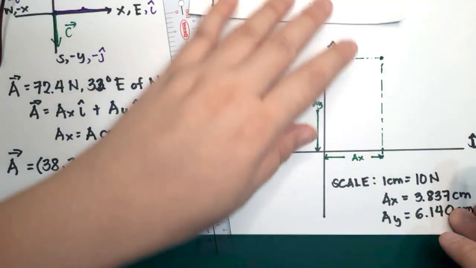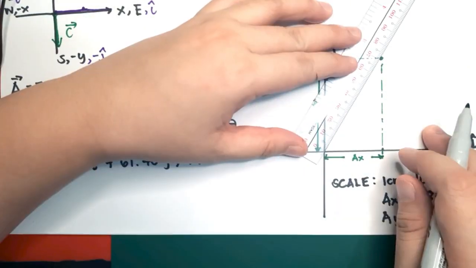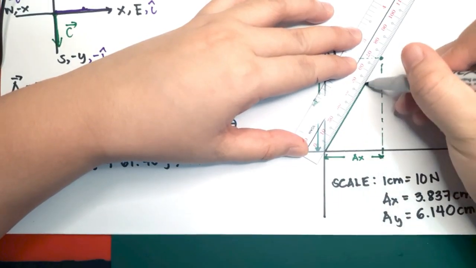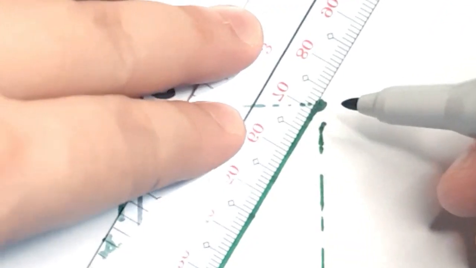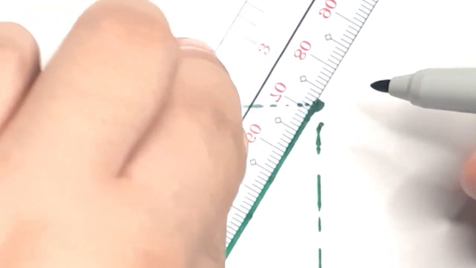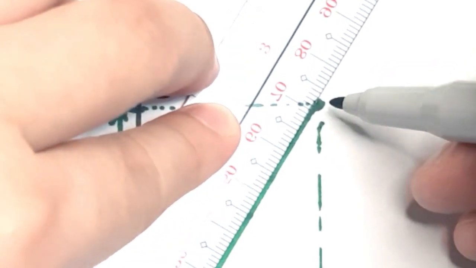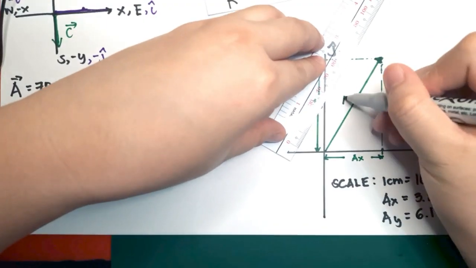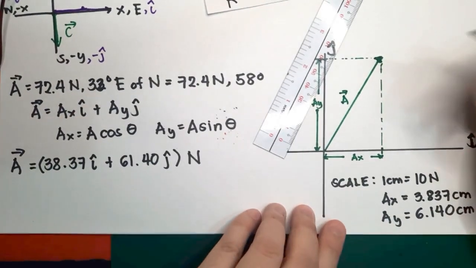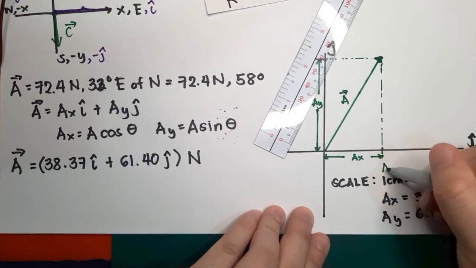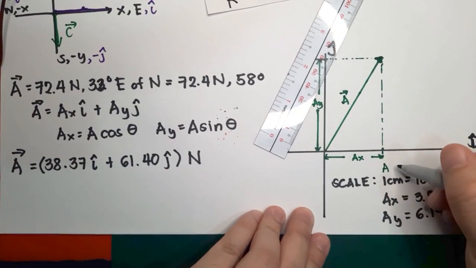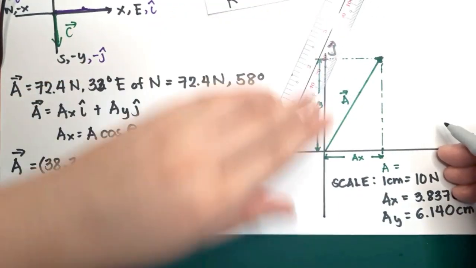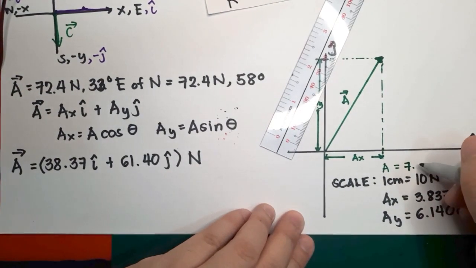And my vector A now is, okay, roughly 7.2 or 7.1. So this is my vector A, 7.2 cm.